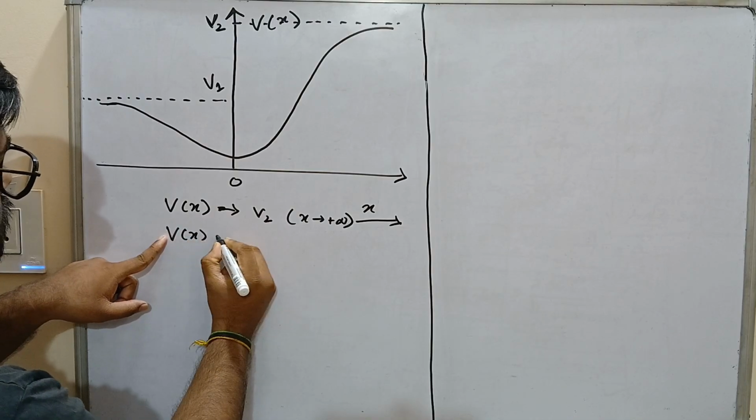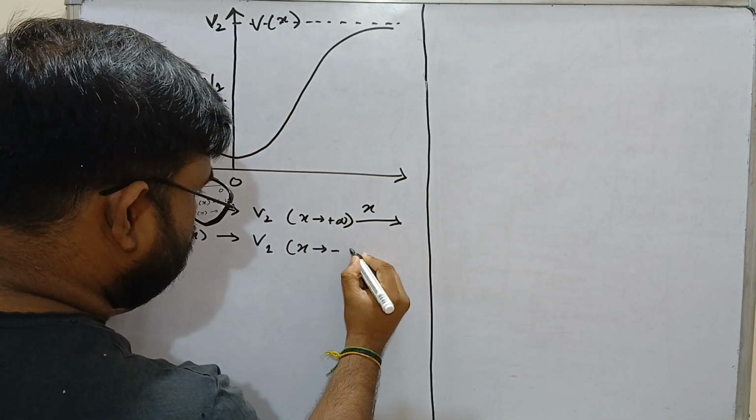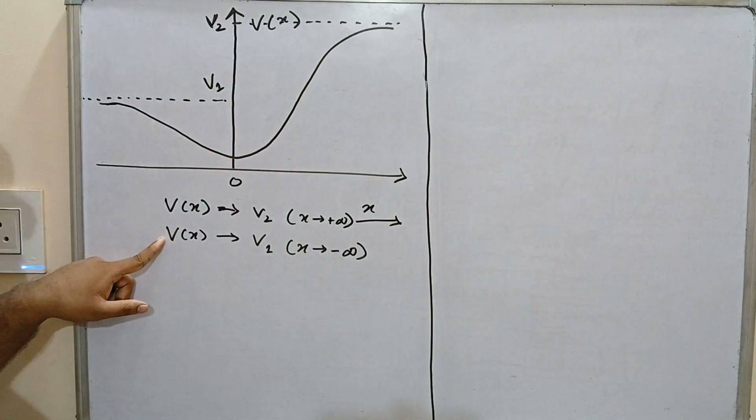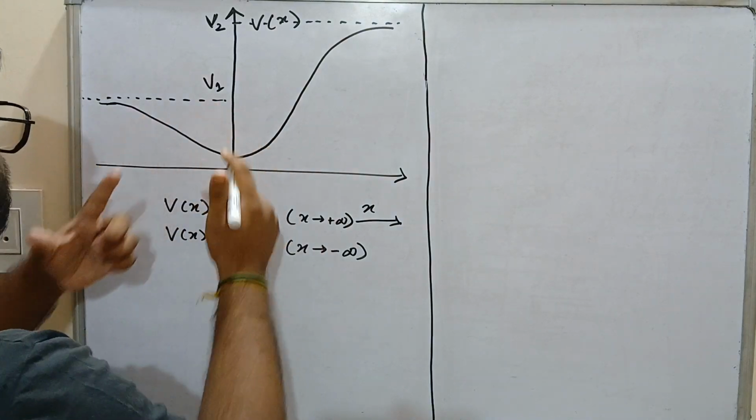V of x is close to V1 when x is equal to minus infinity. You understand this?